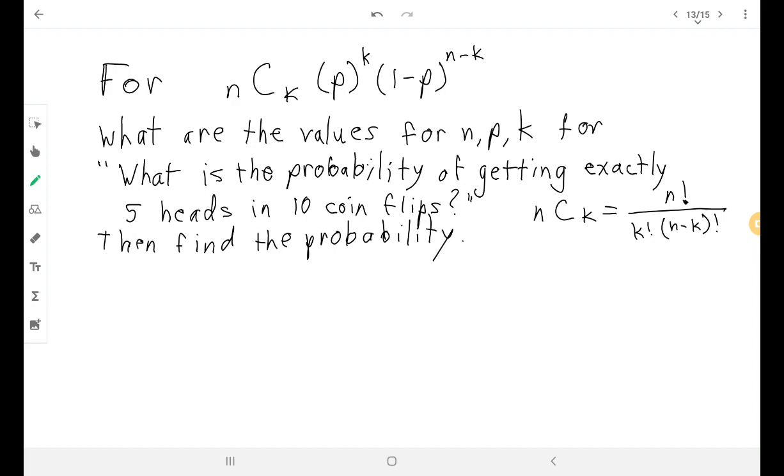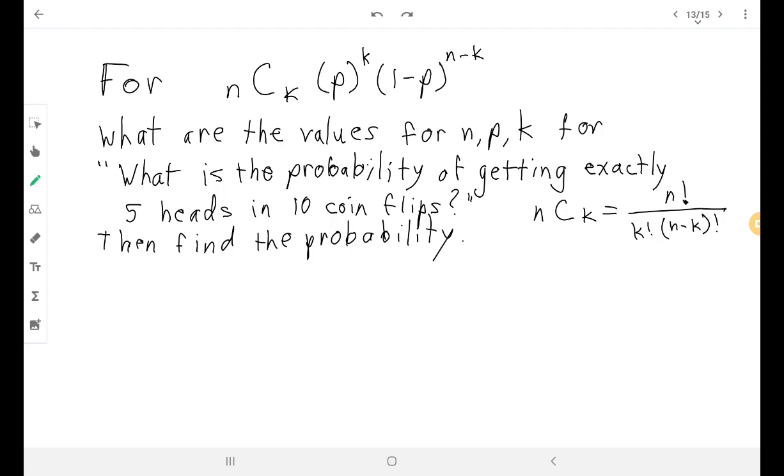All right, so up at the top here, I am giving you the expression for calculating probability of a binomial experiment. We've got this part, which is read as n choose k, and it equals this. Those exclamation points are factorials, not comma points.